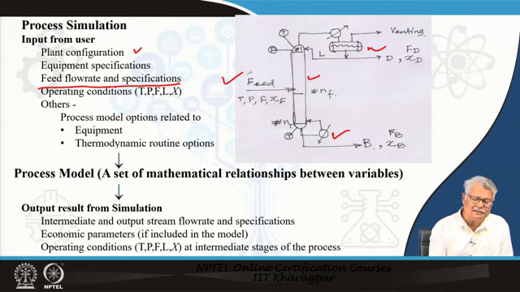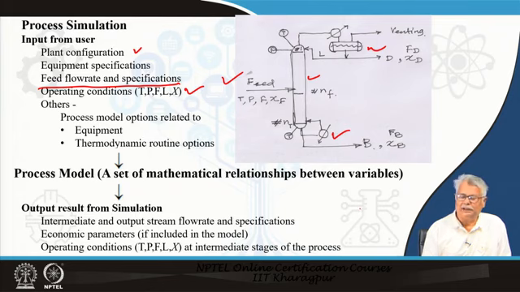You need to fix the operating conditions, the temperature, pressure, flow and composition wherever required, and in this case my reflux ratio, which is L by D, is one such parameter. You may also have to fix how to perform the calculations.